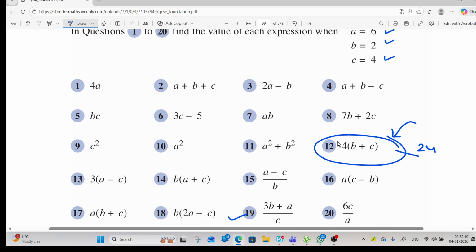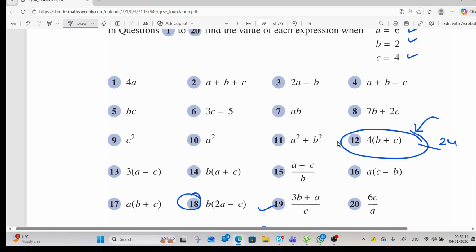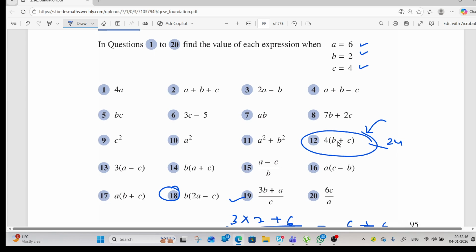Very good. Try this number 18. Quickly. 16.